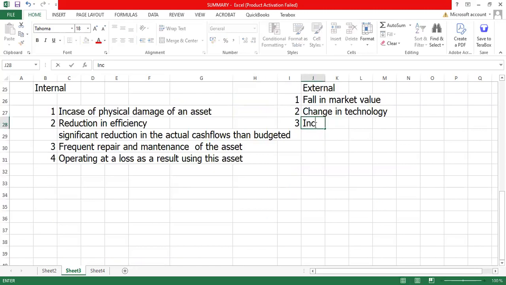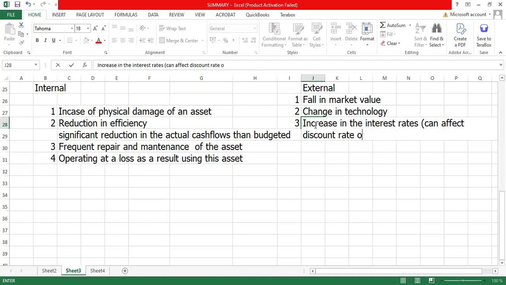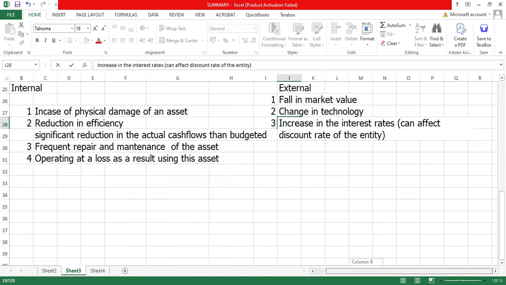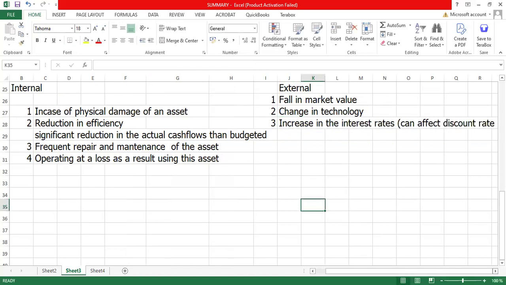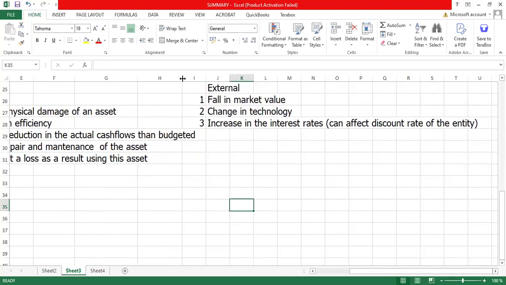So increase in interest rates can affect your discount factor, can affect your discount rate of the entity. And you end up getting the value in use, which is actually lower.